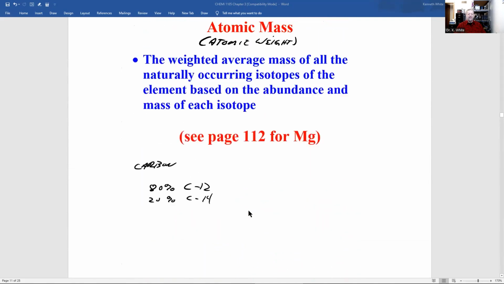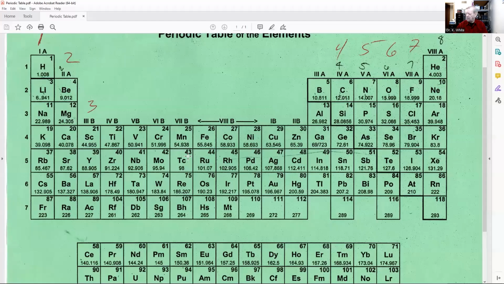Now, where can you find this? Well, your friendly neighborhood periodic table. If you look underneath the chemical symbol, you'll see a number.